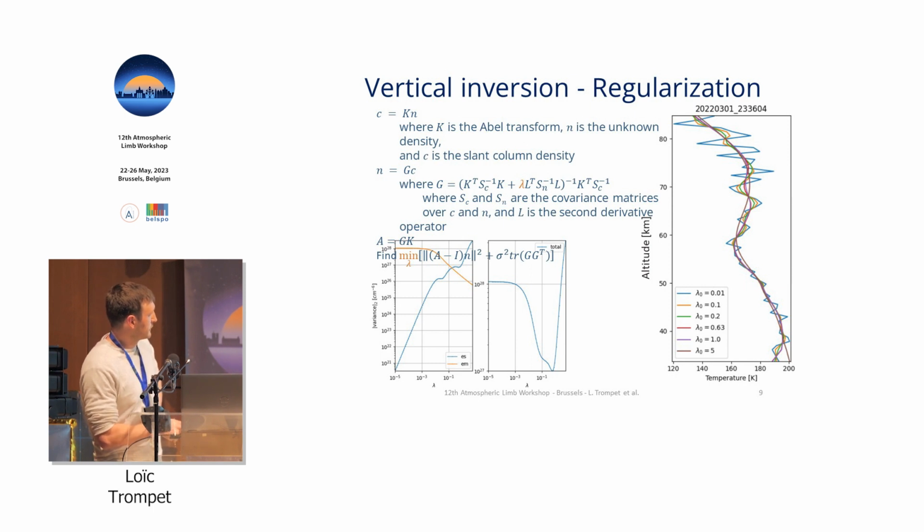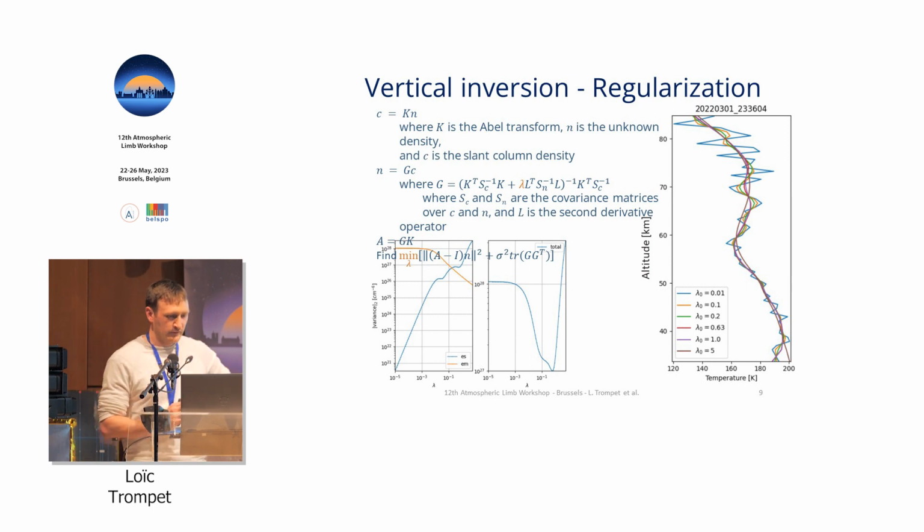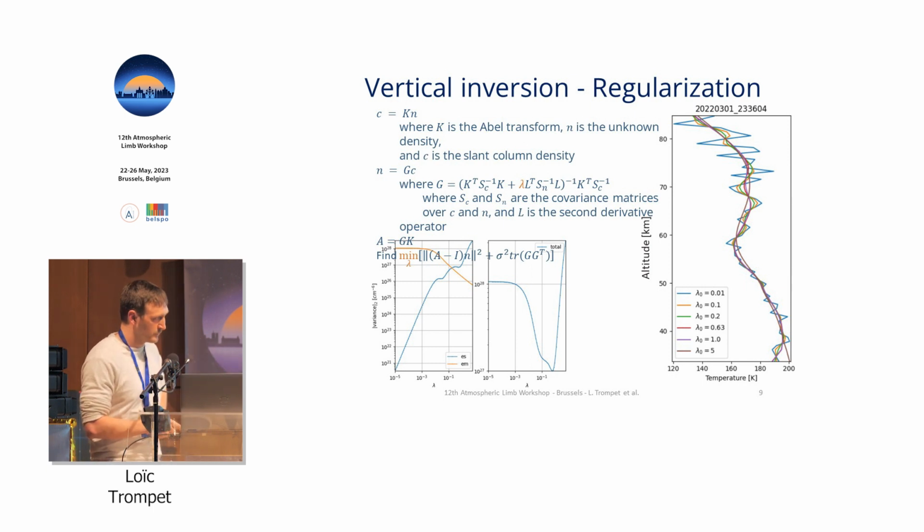When you use a too small lambda parameter, you get those highly spurious peaks in the profile. When you use a too high value, which is the brownish curve that you see here, the profile is getting further away from what seems to be the variability of the profile. The best parameter that was found here is 0.63, that's the reddish curve that passes through here.